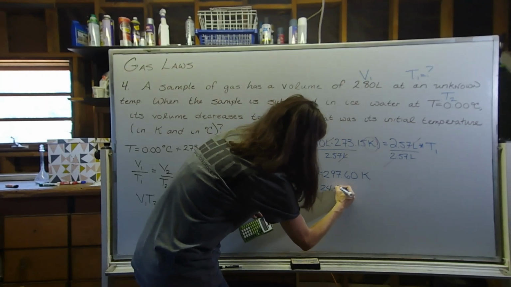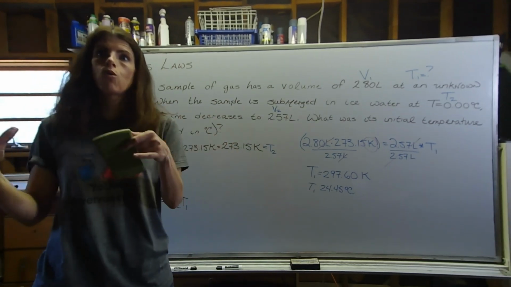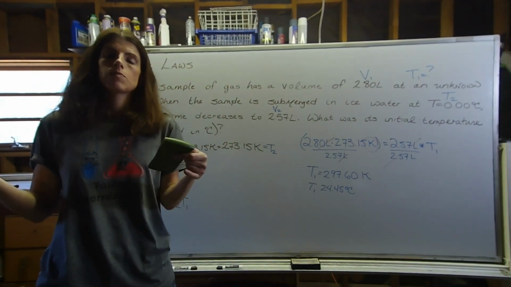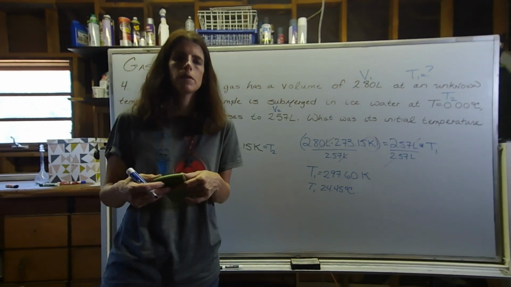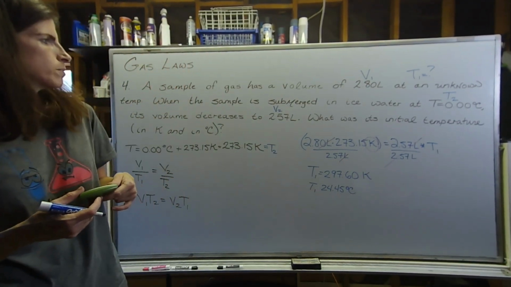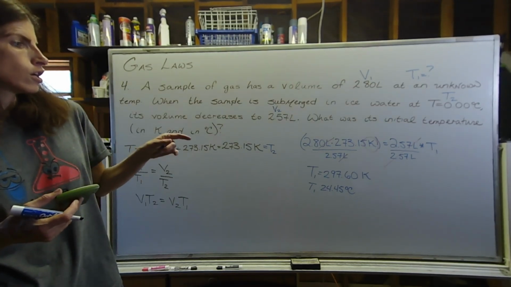degrees Celsius. So someone took this gas and they made it cool. So because temperature dropped, I would expect volume to drop as well. They have a direct relationship. Did temperature drop?